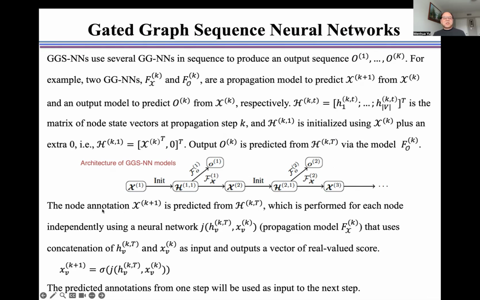The node annotation xk plus 1 is predicted from H, which is performed for each node independently using a neural network G, that uses concatenations of H and X as input and outputs a vector of real valued scores here.